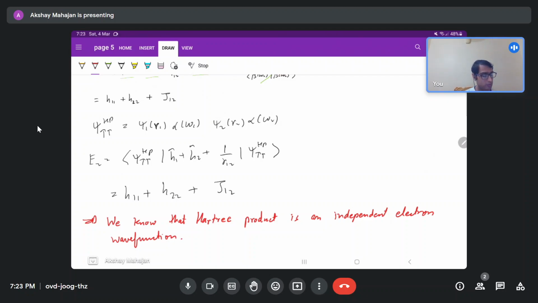So our Hartree product is basically an independent electron wave function. So basically there is no correlation.